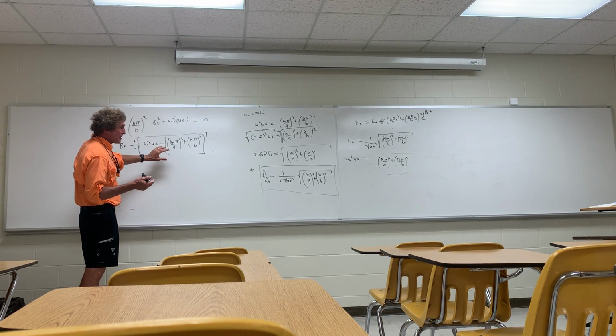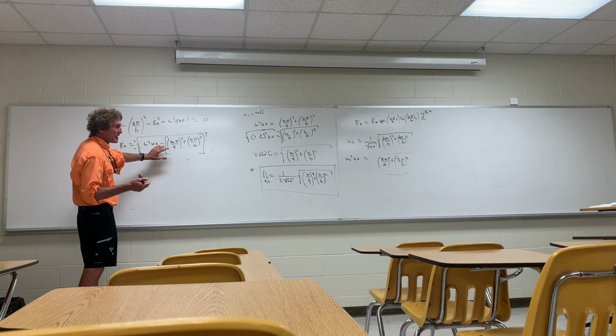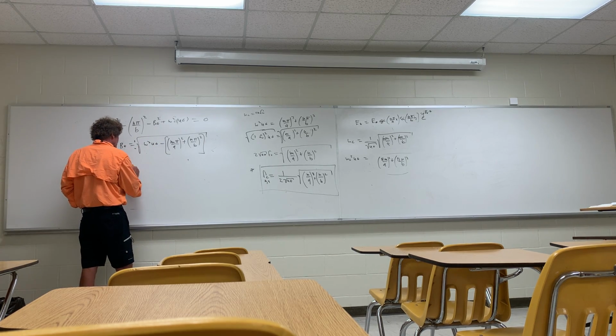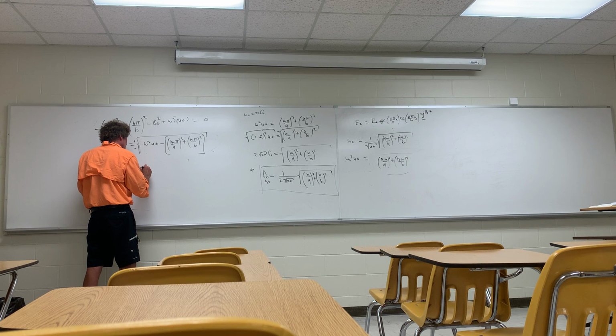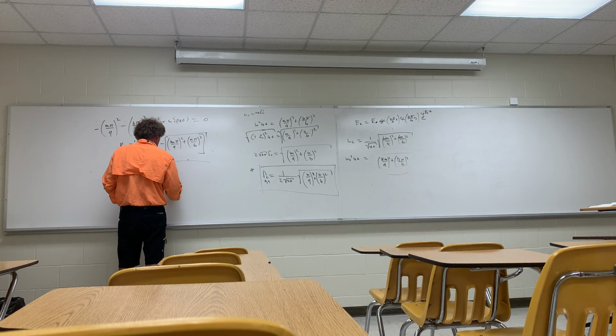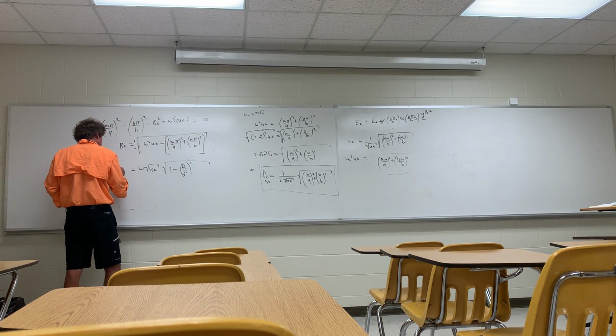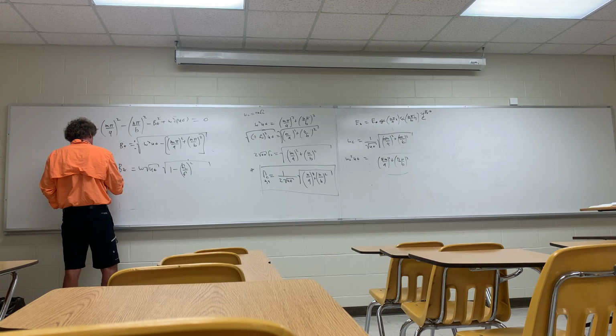If I factor that out of this, I end up getting omega times square root of mu epsilon, just bear with me, and it's going to be square root of 1 minus f_c over f squared. And this is beta z, now star that.